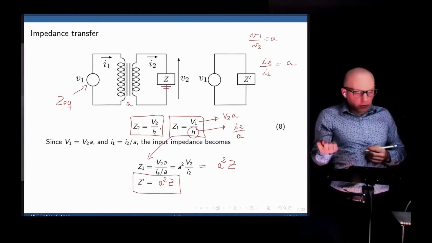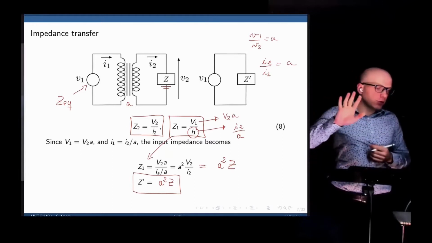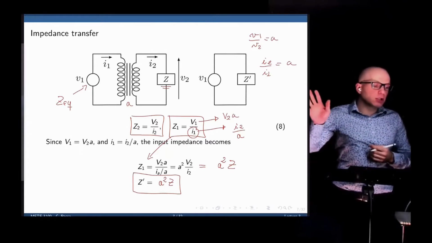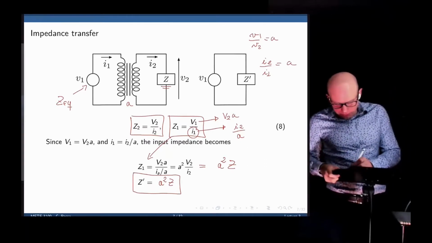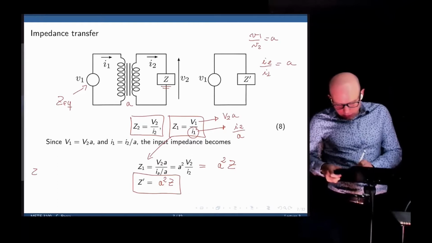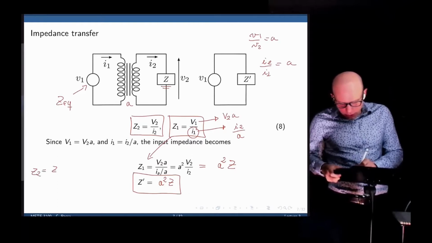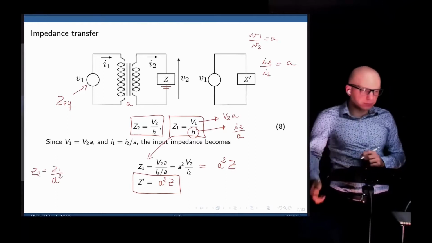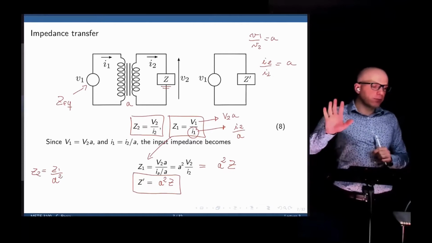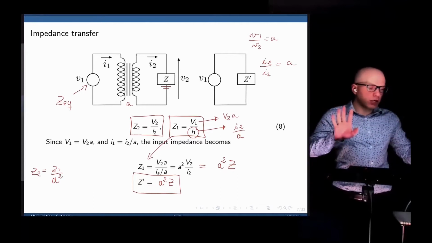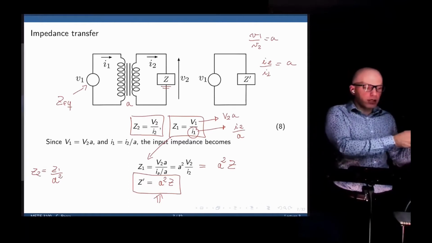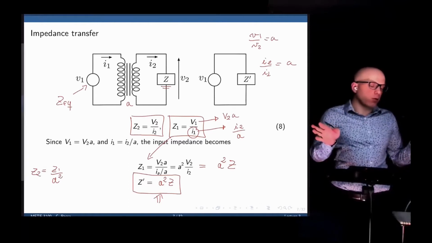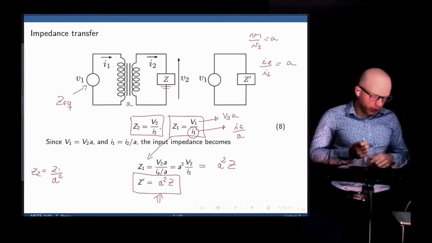If you have to go the other way around, if you take an impedance from the primary winding and you want to reflect that in the secondary winding, then we would do the opposite. Z2 would be Z1 over A squared. All right, primary impedance in the secondary winding. And the original equation here is the secondary impedance in the primary winding, as seen by the primary winding.